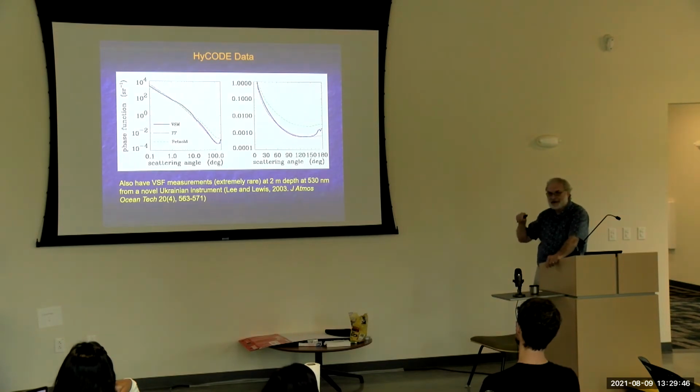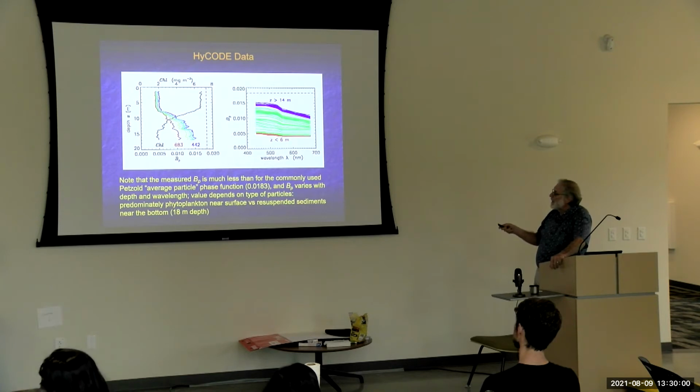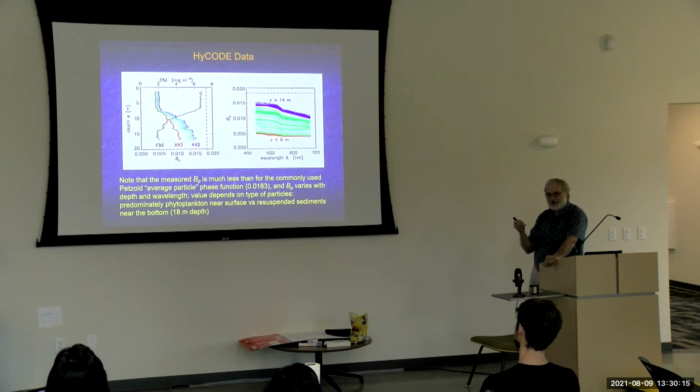And the backscatter fraction for Petzold is about 1.8%. In my data, nothing had that much backscatter. So here the dashed line is the backscatter fraction for Petzold, and I'm less than that and sometimes much less than that, down to 0.5%, never up to 1.8%. So Petzold has too much backscatter.